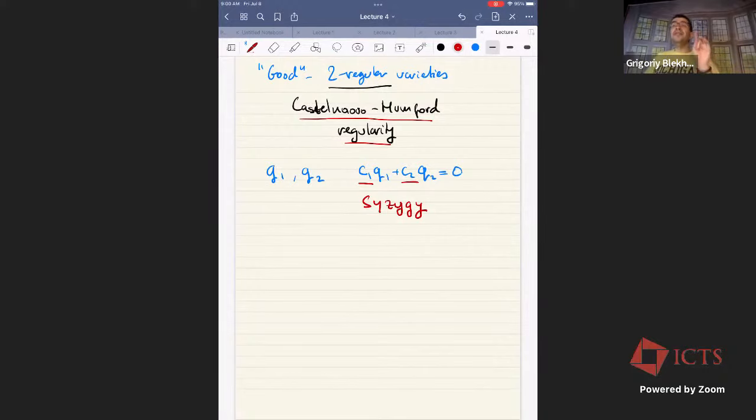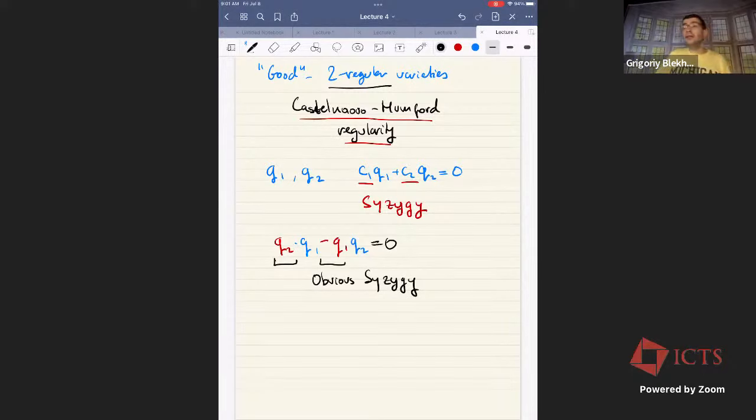There is really an obvious syzygy: if I take Q1 and multiply it by Q2, and then take Q2 and multiply it by minus Q1, that will always be equal to 0. So there is this obvious syzygy, where I take coefficients Q2 and minus Q1.